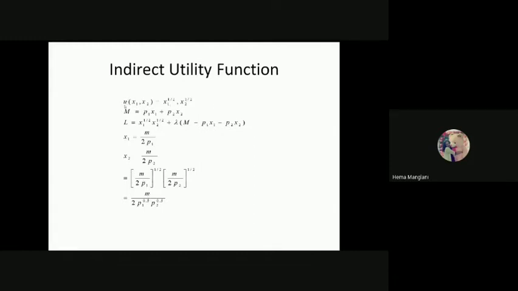This is direct. Okay. Indirect means V. It means indirectly I'm talking about this. If I want to maximize my utility, then indirectly I'm talking about this. So this is depending upon what? This is depending upon M and this is depending upon P1 and P2.